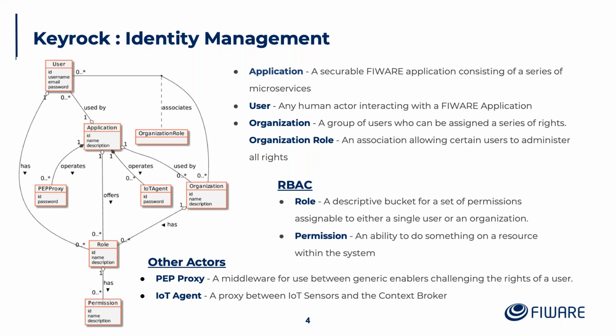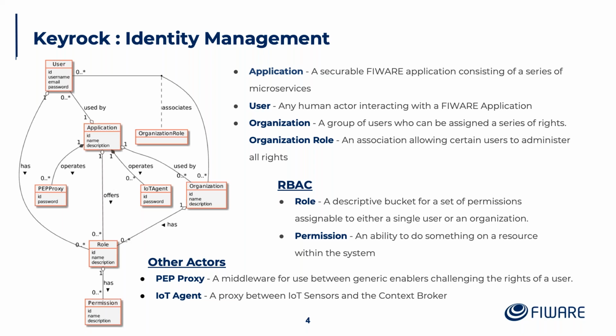Now, because we're talking about microservices here, it's not purely humans who are actually interacting with this system. There are other actors, and the two supported other actors within the Keyrock system are a PEP Proxy, which is a policy execution point, and an IoT agent.